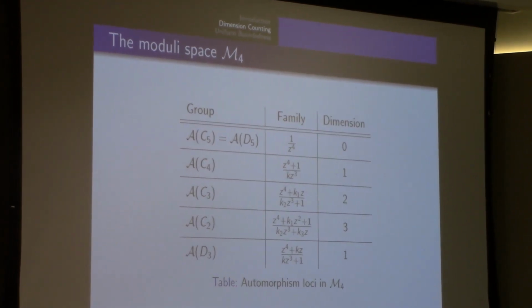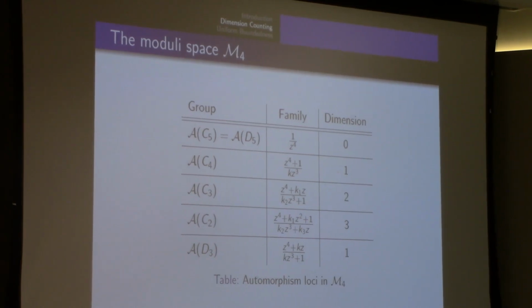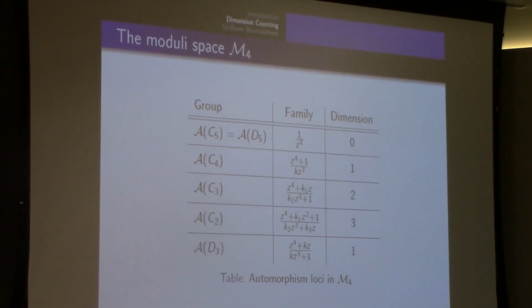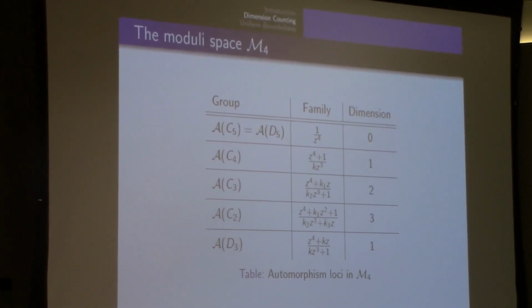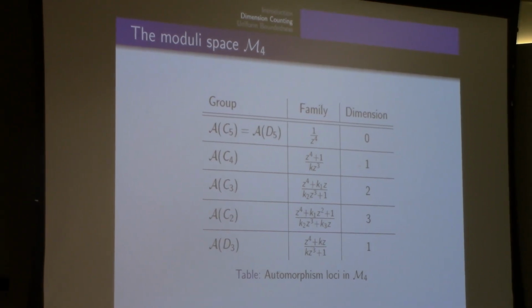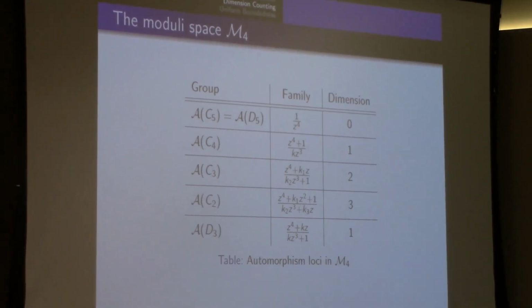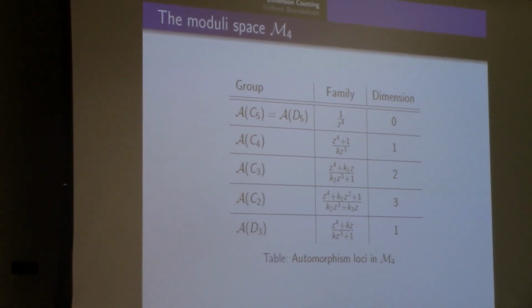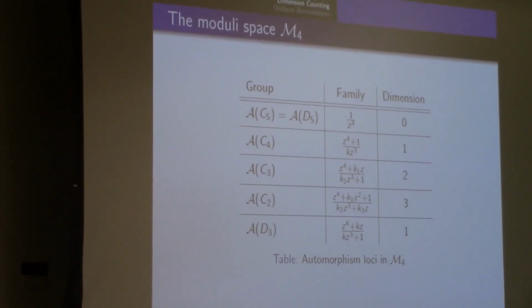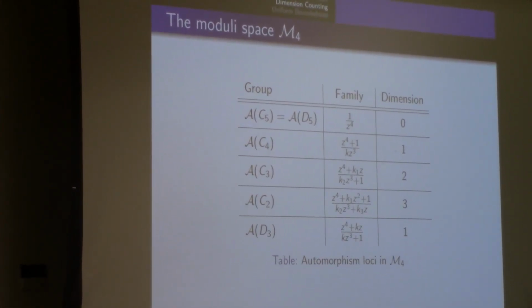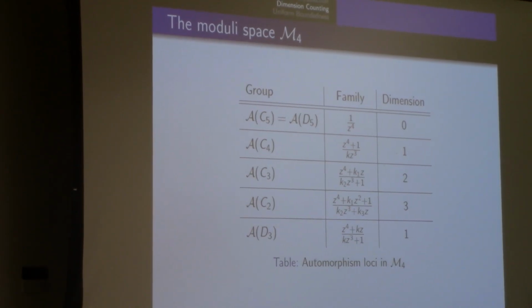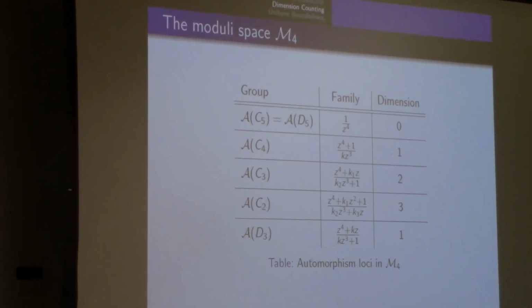The notation here is mixed up. This should actually be D10, not D5. But it's okay, everybody knows what's going on, I hope. So what this gives you is that, because we have this explicit list of all the subgroups that can show up in the moduli space, then just writing them down, generically A5 has 60 elements.